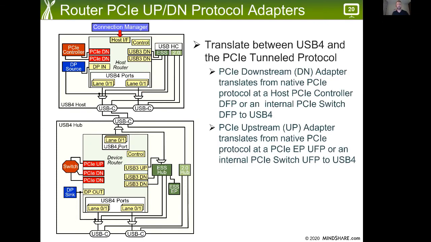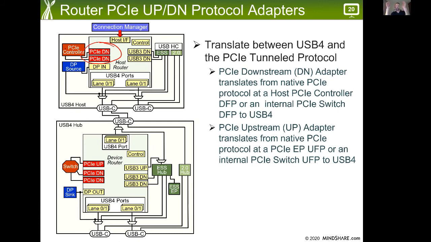So here, the protocol adapters, you have PCI Express protocol adapters. There's two types. You have a PCI Express down and a PCI Express up. And the way this works is if you have a downstream facing port for PCI Express, you're going to have a down adapter. So it's going to be taking the native PCI Express traffic, massaging it a little bit and then applying any USB4 wrapper information.